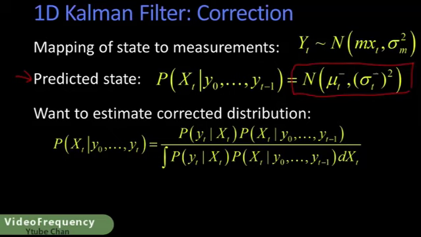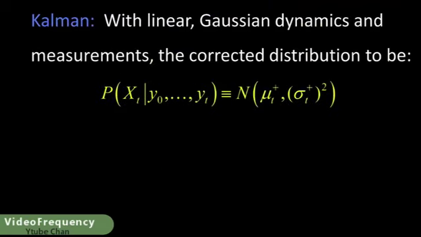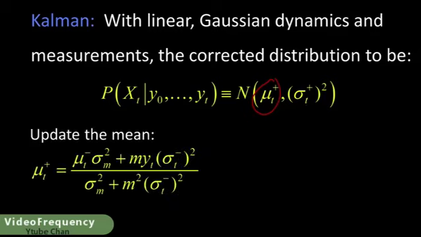And what we want is the corrected estimated distribution. That's what this is here. So in Kalman, with linear Gaussian dynamics and Gaussian measurements, the corrected distribution is defined to be a new Gaussian, which is now mu t plus and sigma t squared plus. What I want to do is show you the formula for that and then give you the intuition behind it.